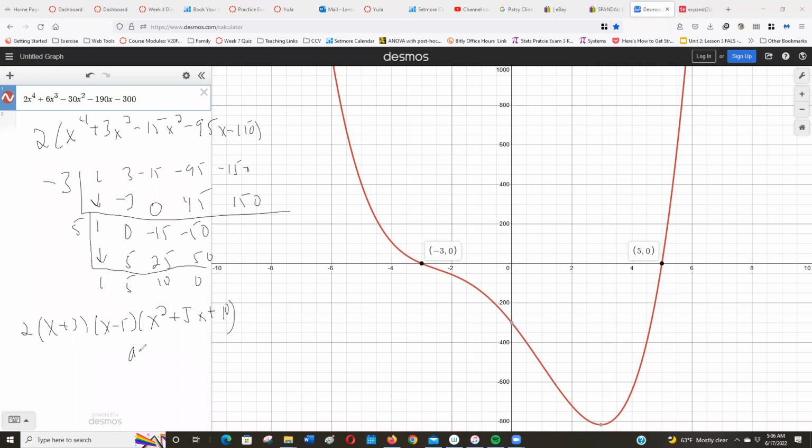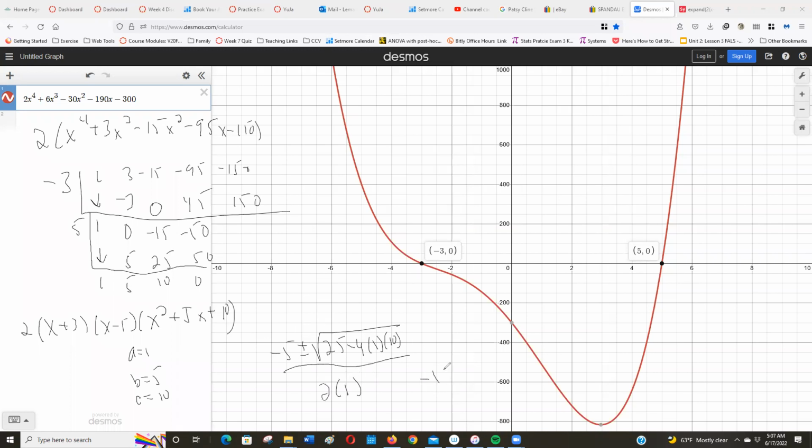So A equals 1, B equals 5, C equals 10. -5 plus or minus the square root of 25, 5 squared, right? Minus 4 times 1 times 10, all over 2 times 1.